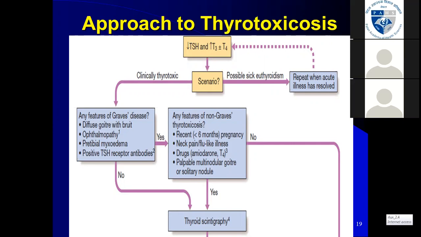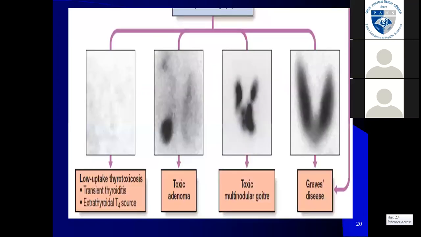But if clinically it is not Graves' disease, even then we should go for thyroid scintigraphy. Thyroid scintigraphy is done with iodine isotope 123, and we can look at the uptake of iodine by the thyroid cells.